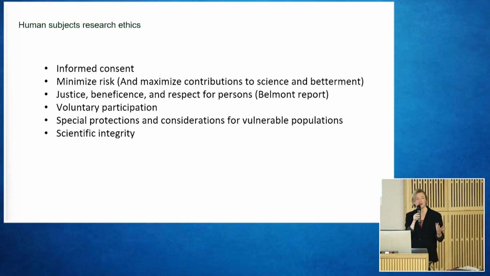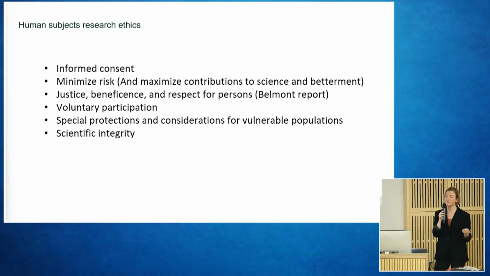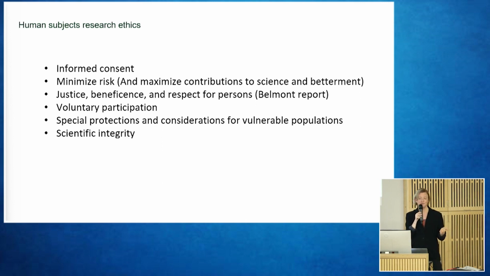So human subjects research is important, and there's a couple of consistent elements of ethical human subject research. Informed consent, which means that your participants have to understand what's occurring and agree to be a part of your study.